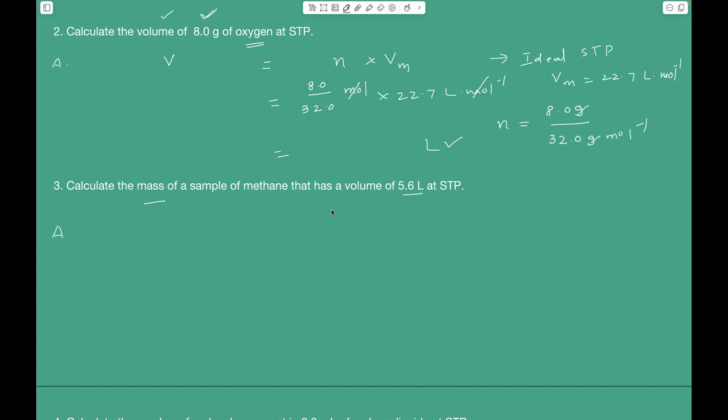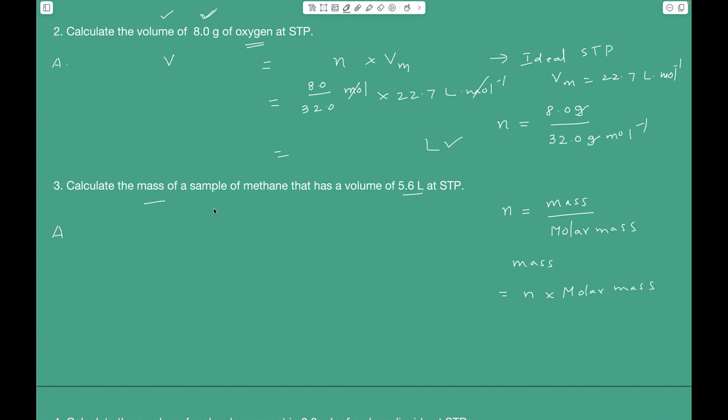Now, to know the mass of a sample, if you know the amount of substance, you have to multiply the amount of substance with its molar mass, right? Because amount of substance is the ratio between these two. So to get the mass of the substance, you have to multiply amount of substance with its molar mass.